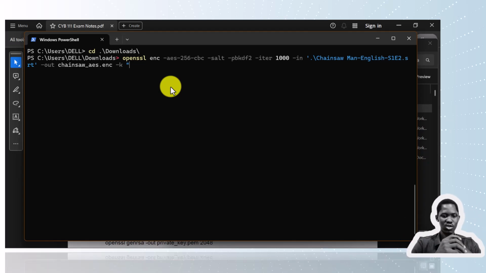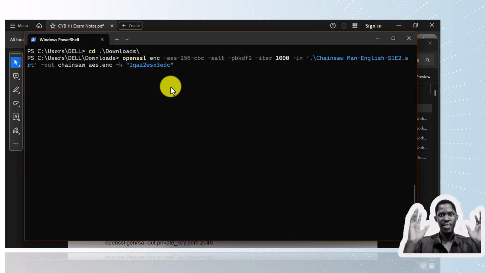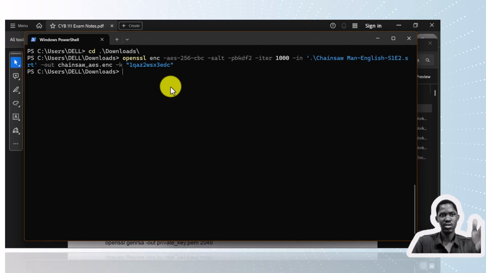So I'm going to just use some random key here, right? So I think this is good enough. So now I'm done. I'm going to hit the enter button, and the file is supposed to get encrypted. We are supposed to get the encrypted version out as chainsaw_AES. All right, so now that is done.